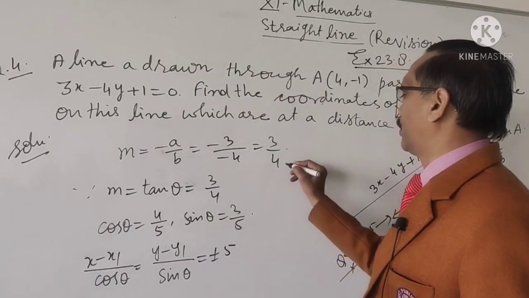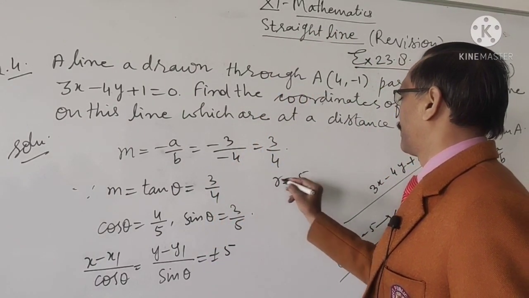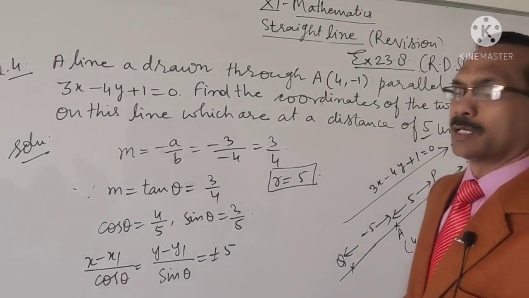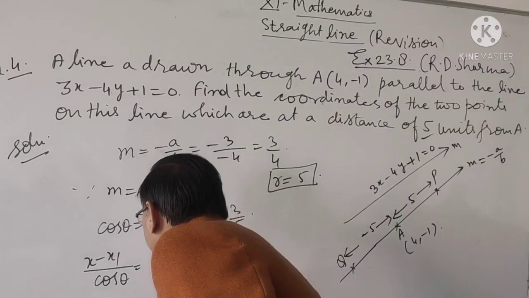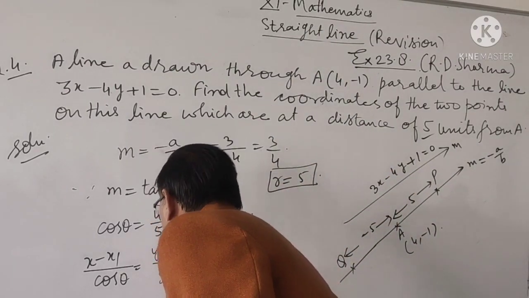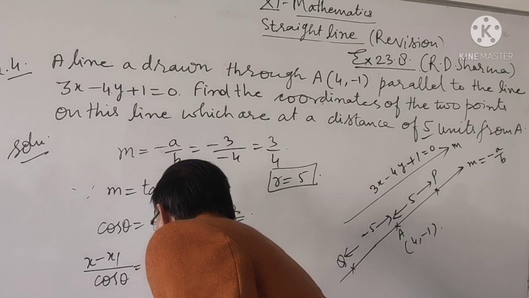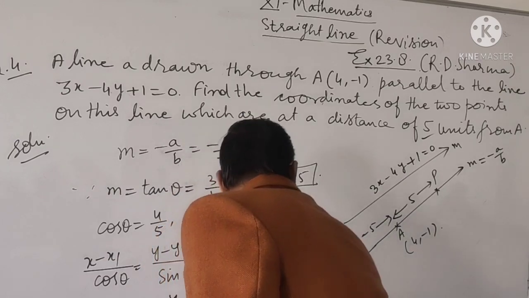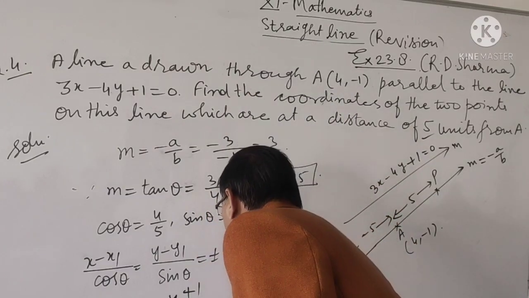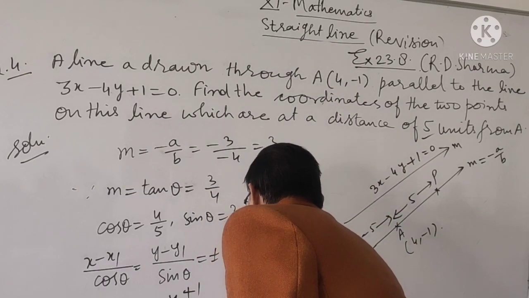Here r equal to 5 because distance is 5 here. Now here x minus 4 upon cos theta 4 by 5 equal to y plus 1 upon sin theta 3 by 5 equal to plus minus 5.